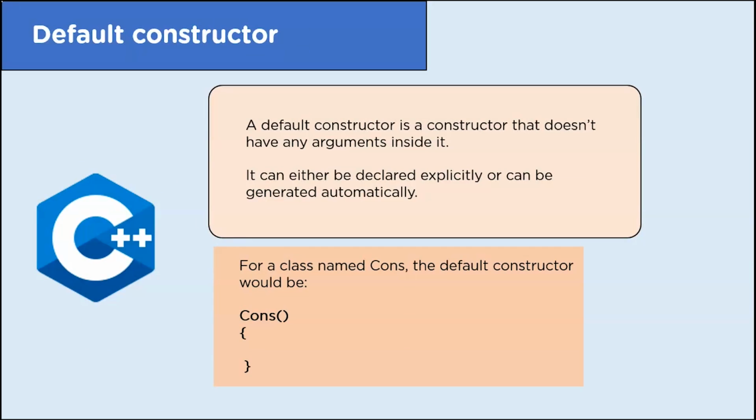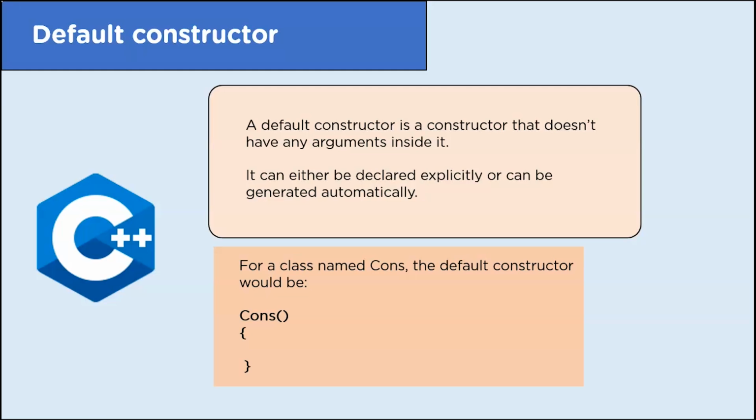It can either be declared explicitly or can be generated automatically, which means even if we do not define the constructor, then also it is generated by the compiler. For example, here cons is the default constructor. In this case, the name of the class would have been cons. That is why the name of the constructor is cons.